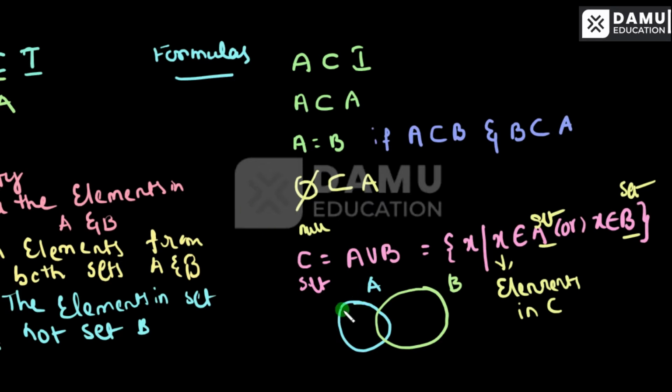So set A completely, and if we are joining, then set B also will be taken completely. If you add all the things, then you get the Venn diagram for A union B.